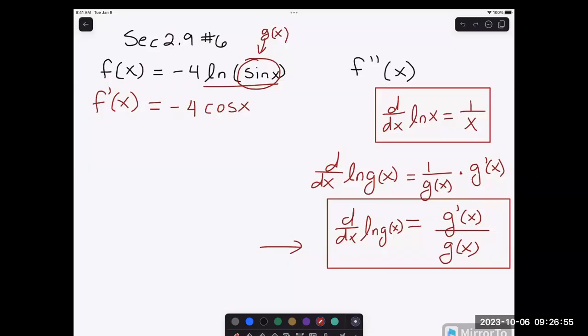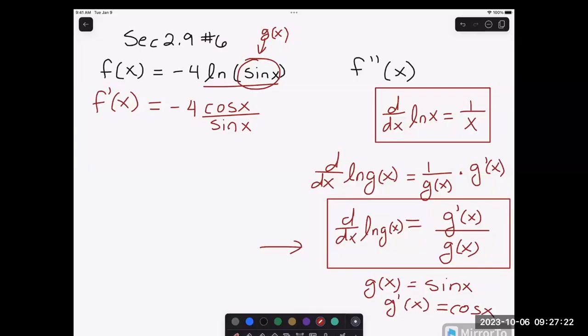And then this is over sine. That's my g of x part. So again, for this problem, if g of x is sine of x, g prime of x is cosine of x. And that's what we get. So g prime over g.